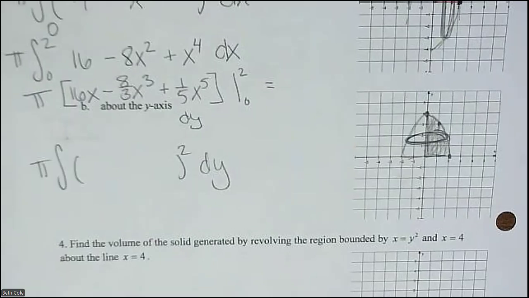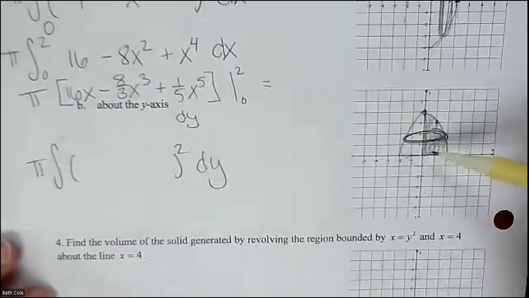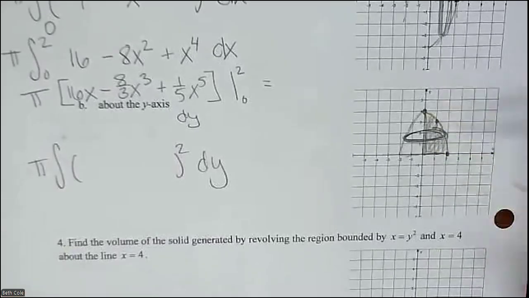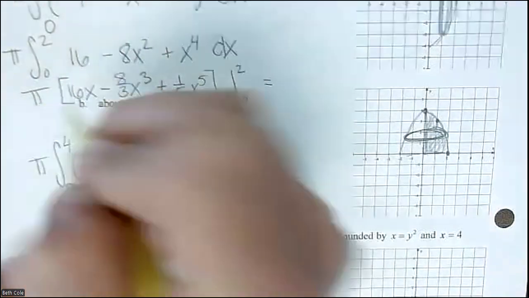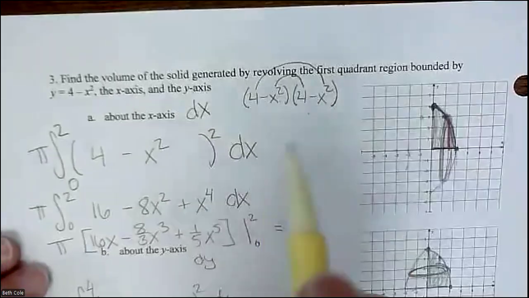Again, do it blank every time. You will miss the squared or the pi or something if you don't just set it up blank. Pi r squared, they're all circles. So you need these to be y values. And so it'll be from where to where? Yep, 0 to 4.